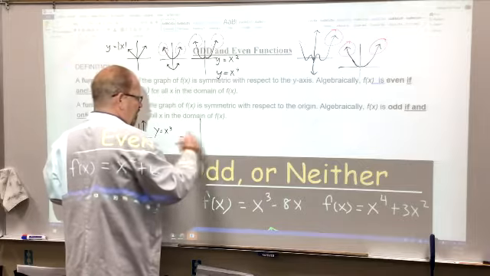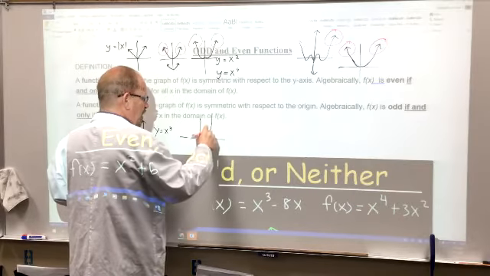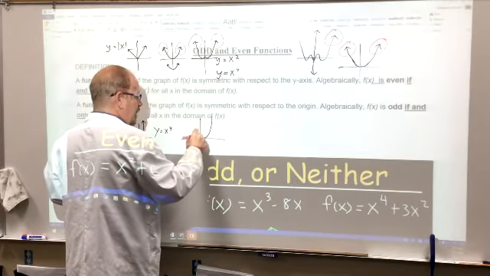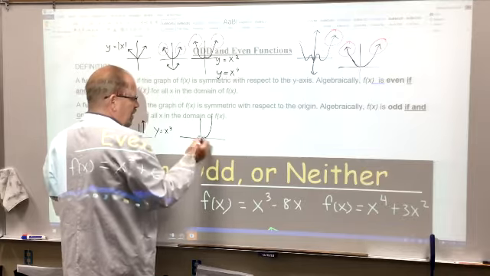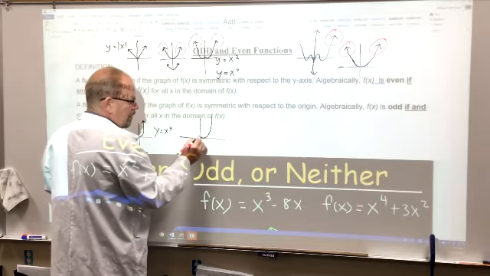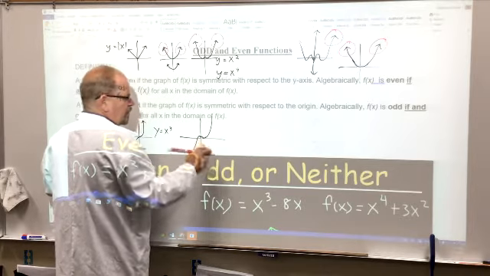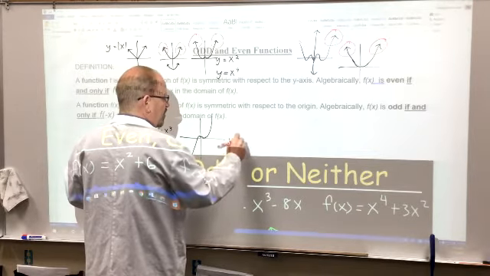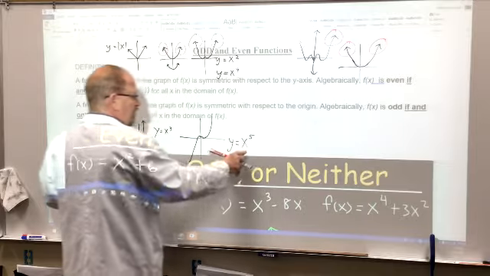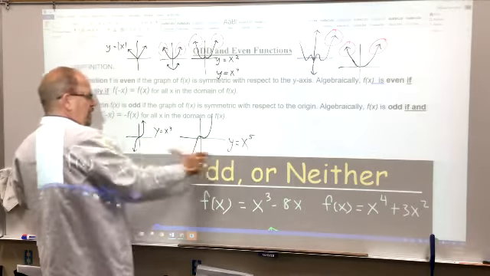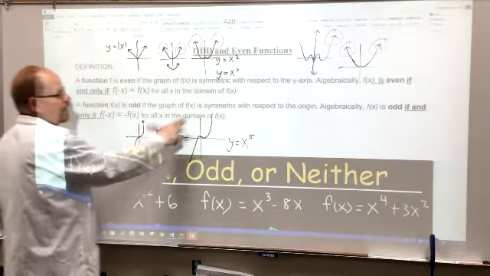If you had x to the fifth, it might look like this. And there's a little bump in here, a little bump where it goes up and down again, okay? Y equals x to the fifth. Odd function, fifth degree. Odd function, third degree.